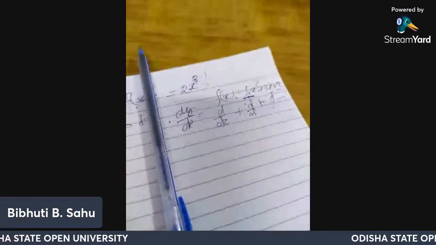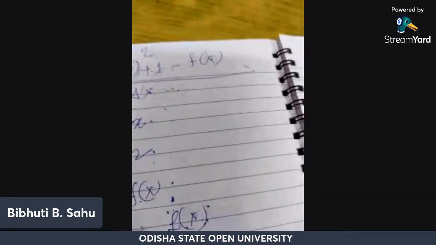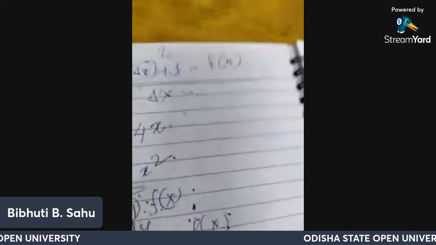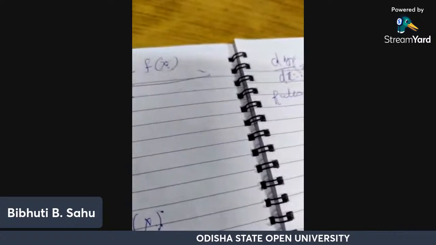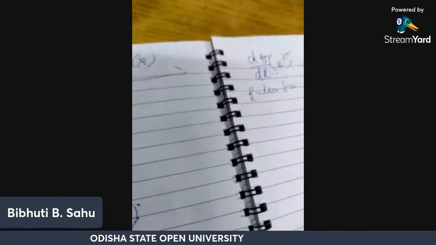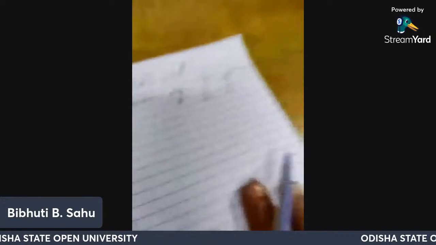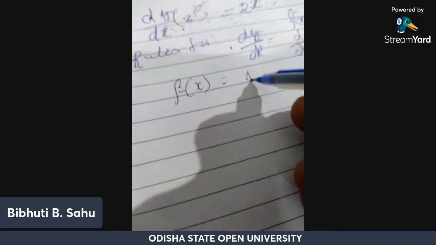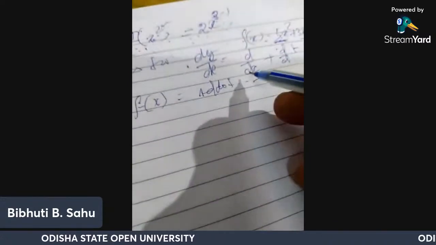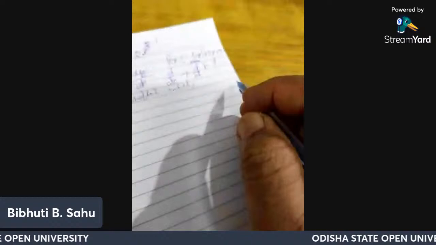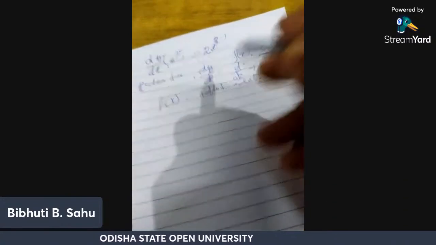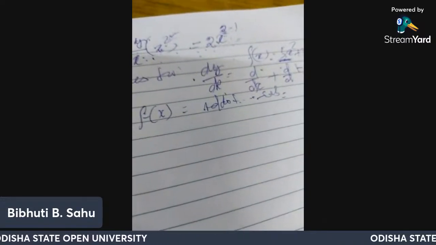Whatever process is followed, that process is the differential coefficient. So we have different rules to find the derivatives of different functions. When the function f(x) is in the form of addition or subtraction, then we take the derivatives of the different terms separately with respect to the independent variable.